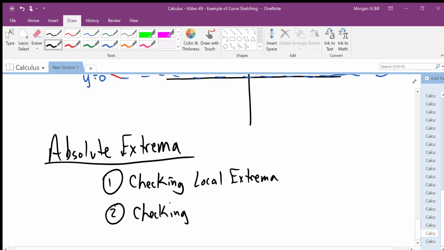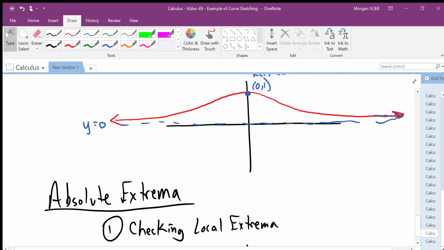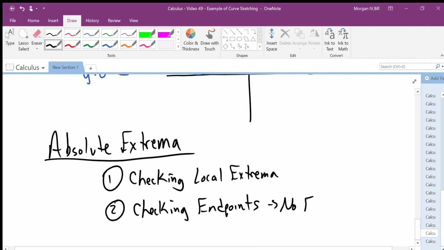And by checking, what we're saying is we're taking those values, the local extrema and the endpoints, and plugging them into the function, and seeing which one is the highest. That's the absolute max. And which one is the lowest? That's the absolute min. Well, no endpoints in this particular case. This thing goes from negative infinity all the way to positive infinity. No endpoints, so I don't have to check those.